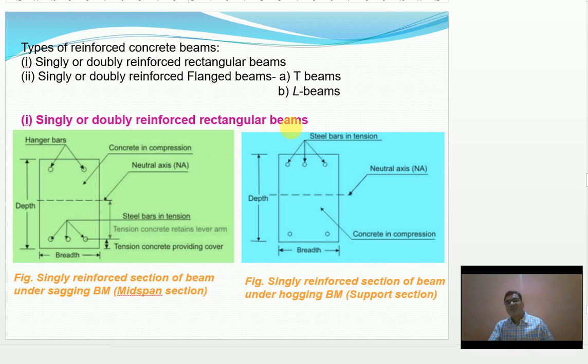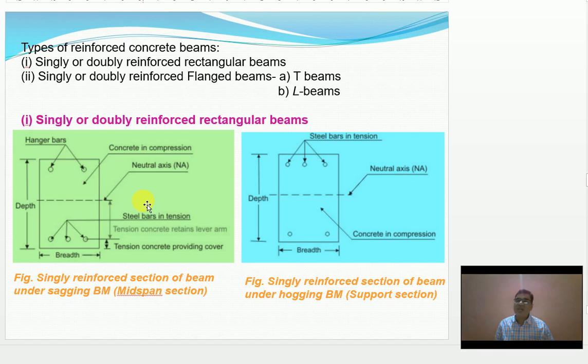Well, now another diagram. In the first diagram, steel is provided at bottom, and in the second diagram, steel is provided at top, okay. Well, normally what happens at midspan, we get sagging bending moment. For sagging bending moment, we have tension at bottom and compression at top, okay, and hence to take care of the tension which is at bottom, it is necessary to provide tension steel at bottom. Opposite to that, at support, negative bending moment occurs.